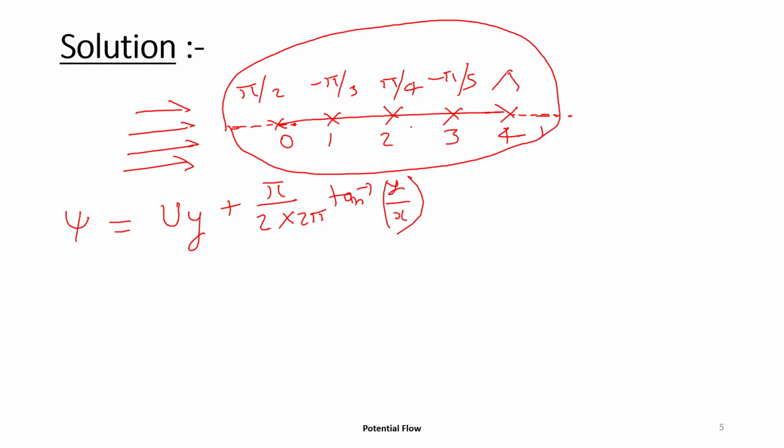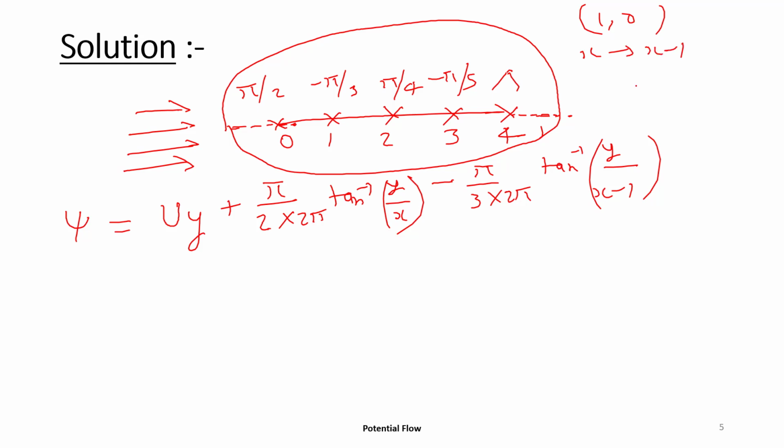For location 1, it will be minus pi by 3 into 2 pi tan inverse y by x minus 1. This is located at 1, 0. So we have substituted x to x minus 1 and y will remain the same. Similarly for the next source, pi by 4 into 2 pi tan inverse y by x minus 2.